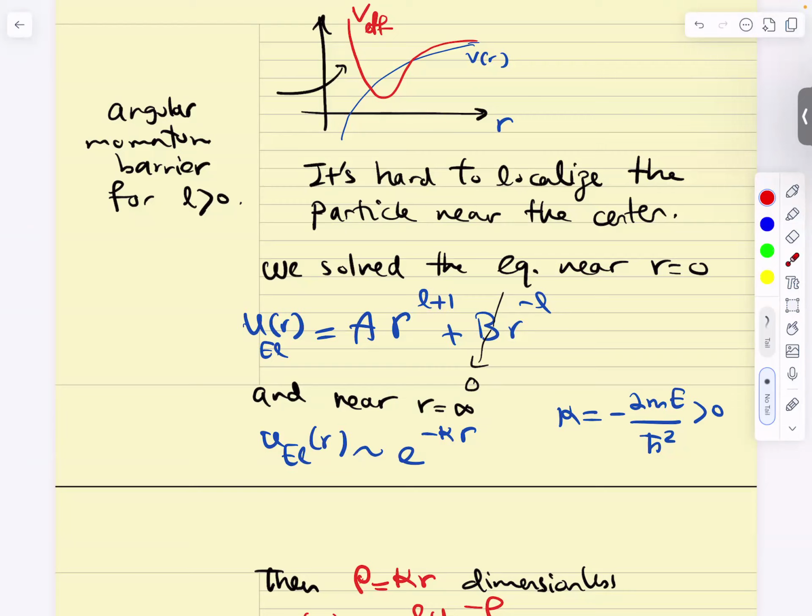If you calculate the flux associated with the wave function in an arbitrarily small ball around r equals 0, the flux is non-vanishing. That is physically nonsense. Another way of saying this is that you're going to have a hard time making the wave function square integrable. You guys know what square integrable means? A function is square integrable.